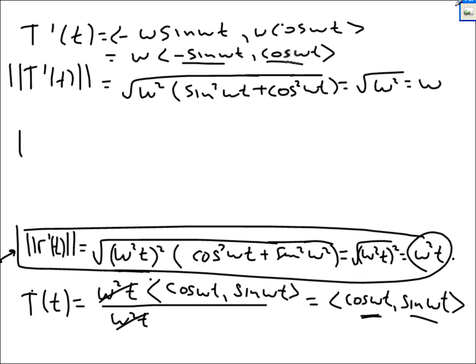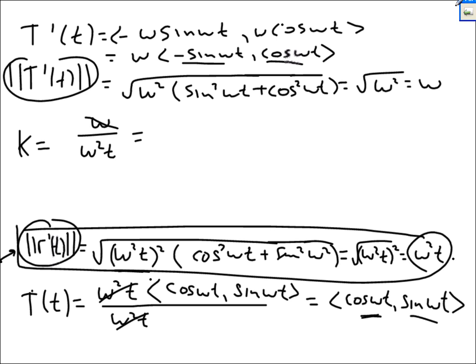So then the curvature is this value, which is omega, divided by the length of r prime of t, which is omega squared t. Omega goes in there one time and into omega squared, omega times. You get 1 over omega t. Okay.